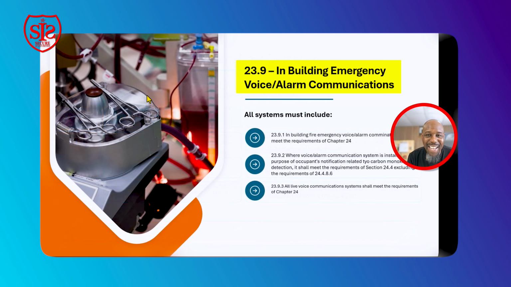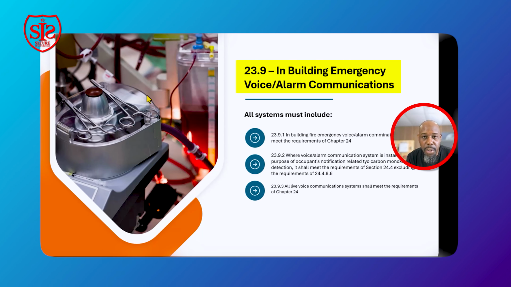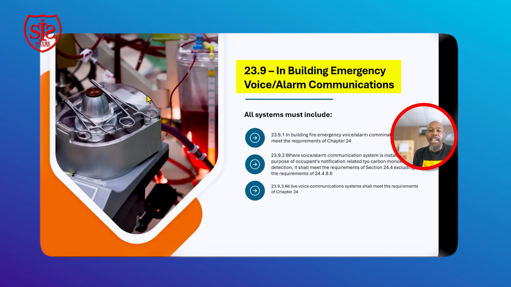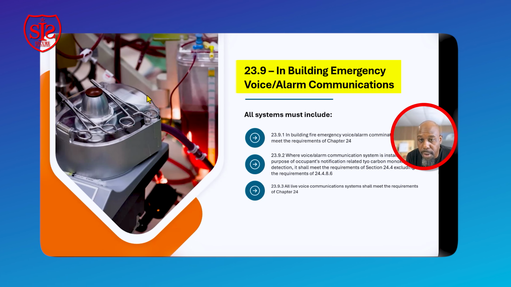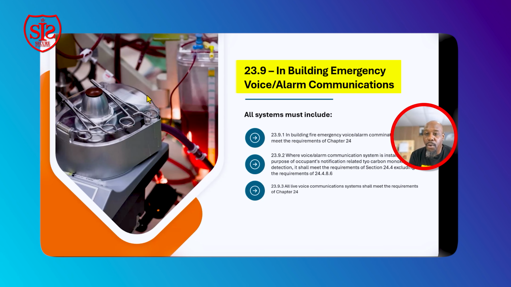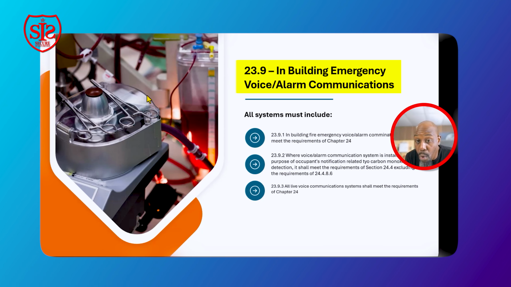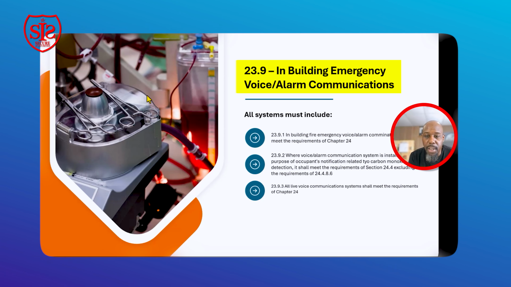As we move to 23.9, in-building emergency voice and alarm communication. All systems must include 23.9.1. In-building fire alarm emergency voice alarm communication shall meet all requirements of Chapter 24.